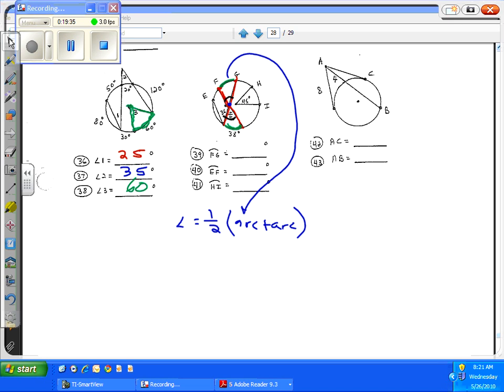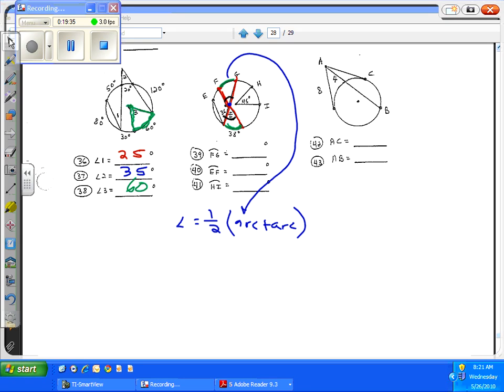Let's see if there's another one that hits it. That's the only one that hits it, isn't it? So we have to use that one, even though it looks a little complicated now. So the vertex is on the inside, but not the center. So it's equal to 1/2 the sum of the arcs. Angle equals 1/2 the sum of the arcs.